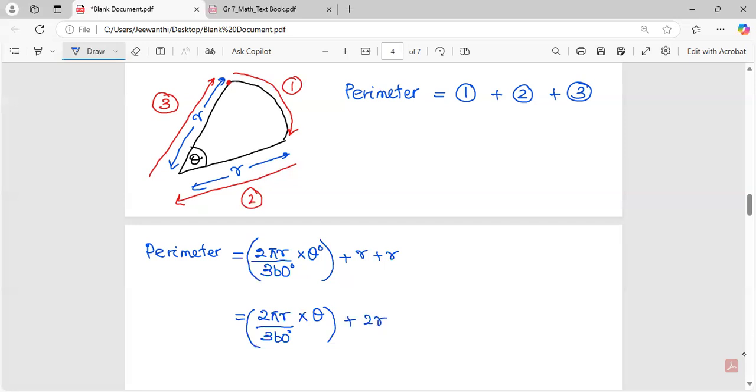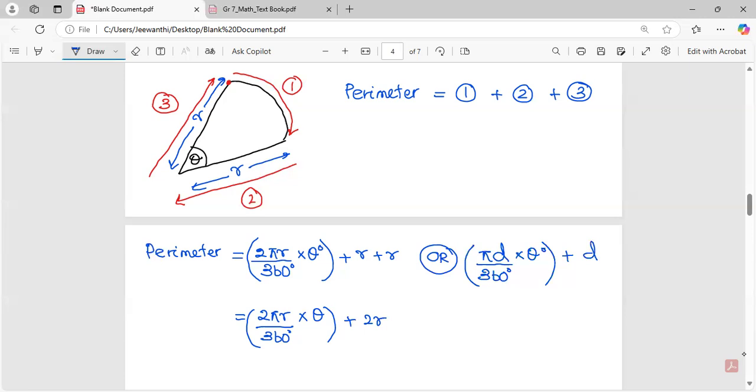For parts 2 and 3 I add 2r. Or you can do it like this: the full circle is πd, no? Full circle πd, divide by 360 and multiply by theta. That gives me step 1. And for that, we add steps 2 and 3, which means r and r, that is d.